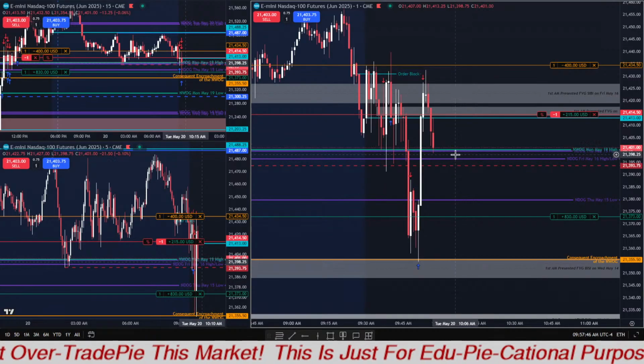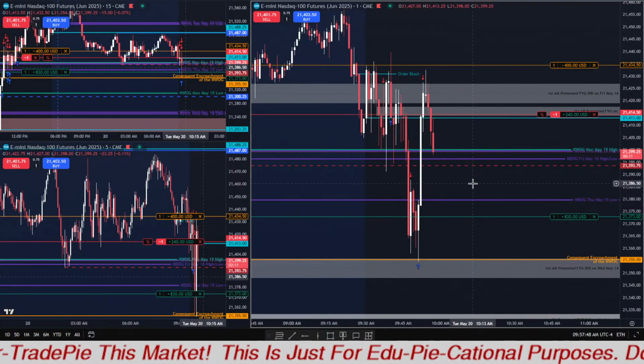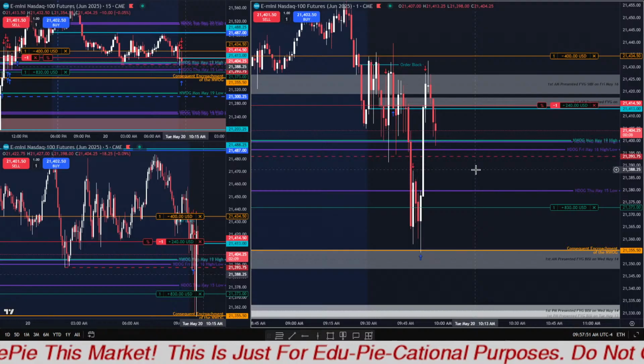Once again, we traded the high of the new week opening gap, and now let's see.